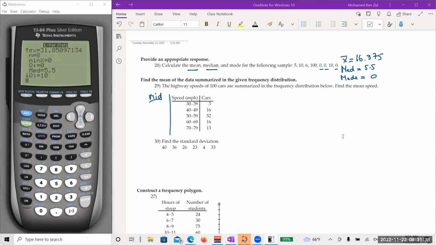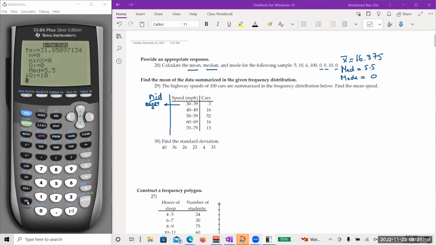So how can you do the midpoint here? The first number you can get from here. So you're going to do 30 plus 39 divided by 2. Are we okay? So 30 plus 39 divided by 2, use the calculator again.